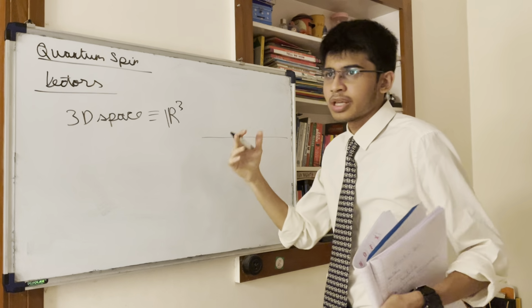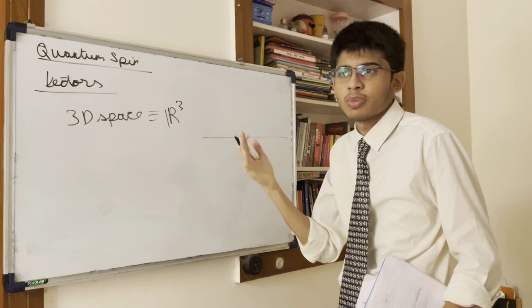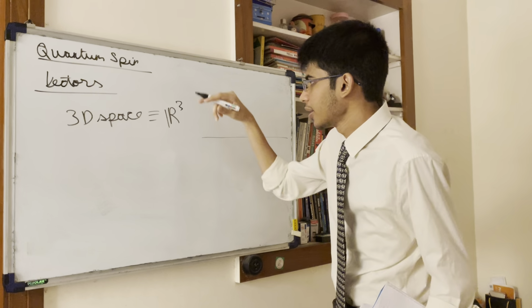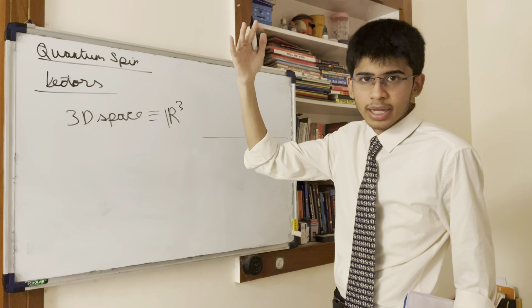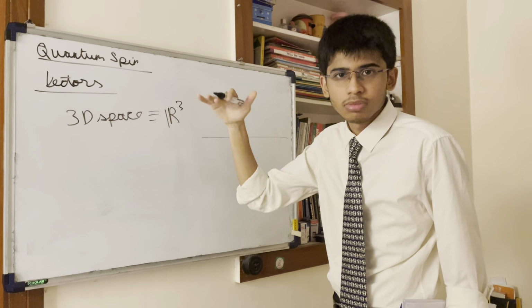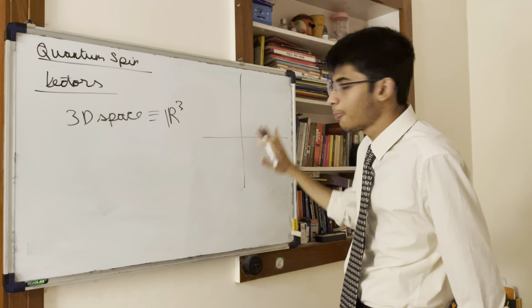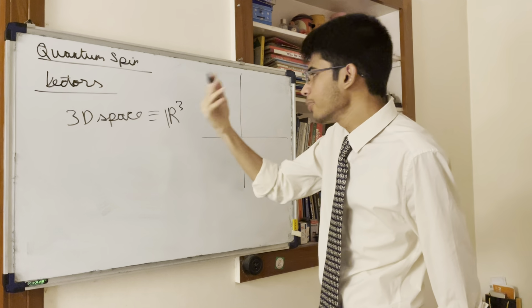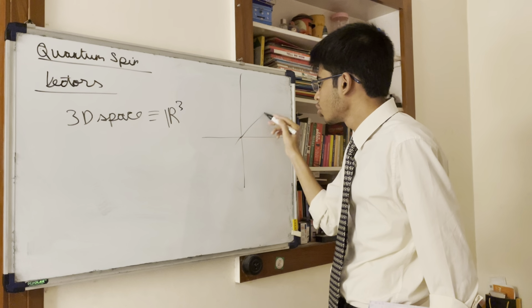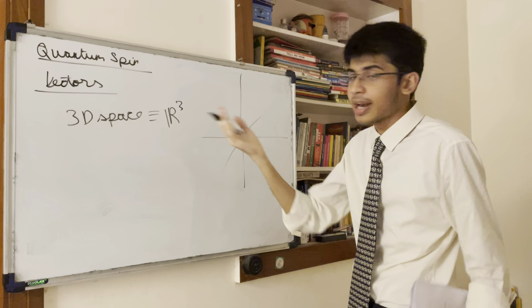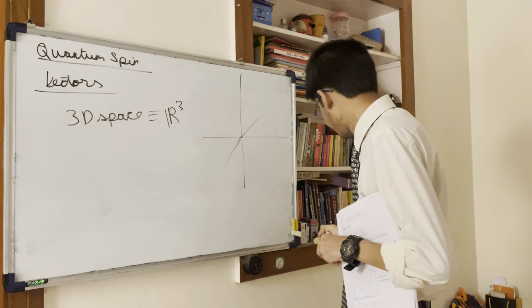So it will have values like 0, 1, 2, 3, minus 1, minus 2, minus 3, 3.4, minus 2.7, etc. If we add one more real number line to it, we get a 2D real space. So if we add one more real number line, we get a plane. Now if we add one more real number line, all mutually perpendicular, we get a three-dimensional volume, and that is the 3D space R3.